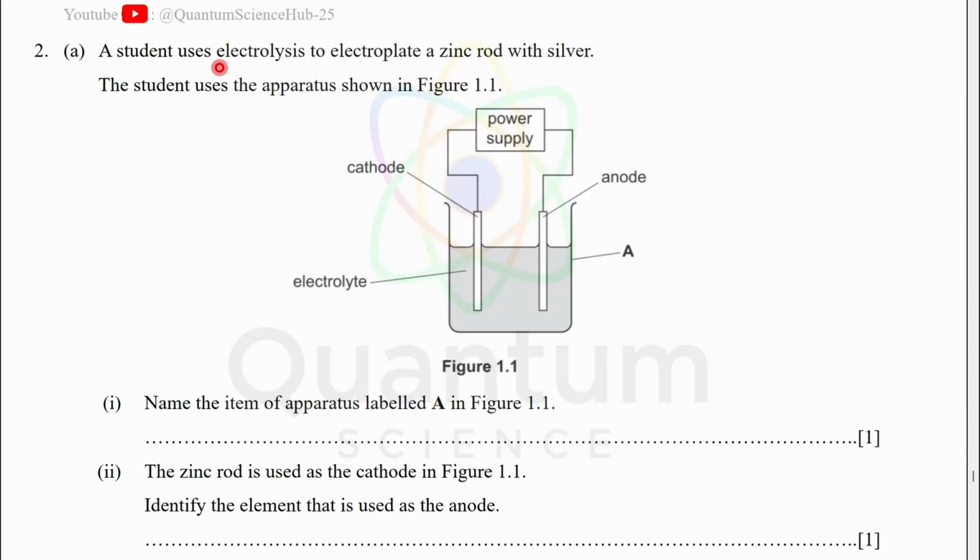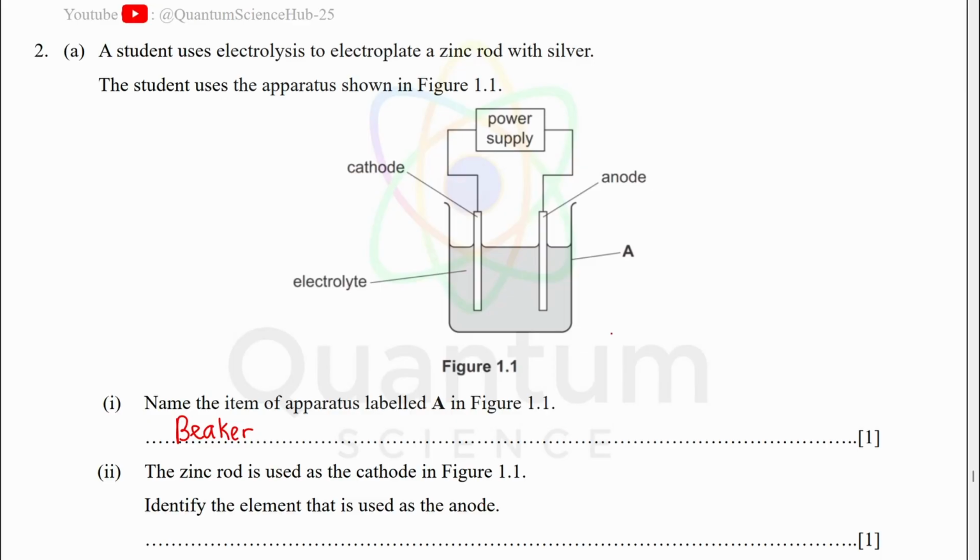A student uses electrolysis to electroplate a zinc rod with silver. The student uses the apparatus shown in figure 1.1. Name the item of apparatus labelled A in figure 1.1. Okay, so what is A? It is a beaker, right? Next, the zinc rod is used as the cathode in figure 1.1. Identify the element that is used as the anode.